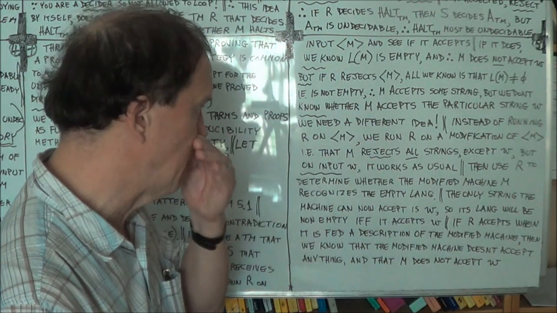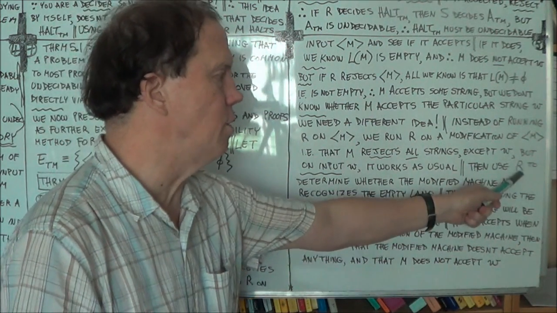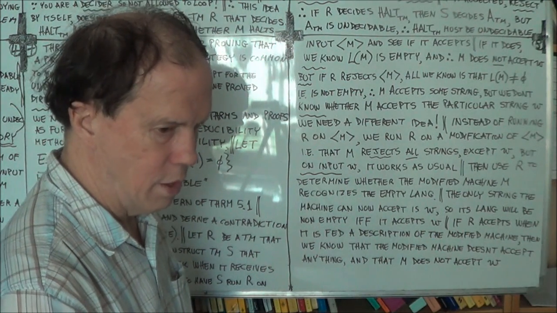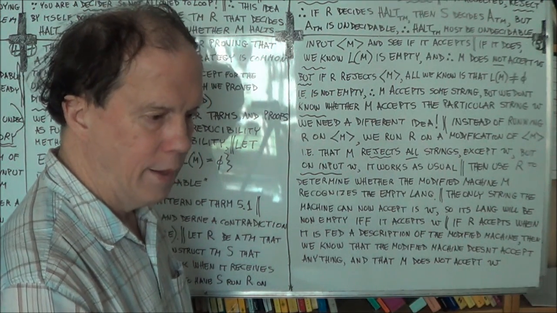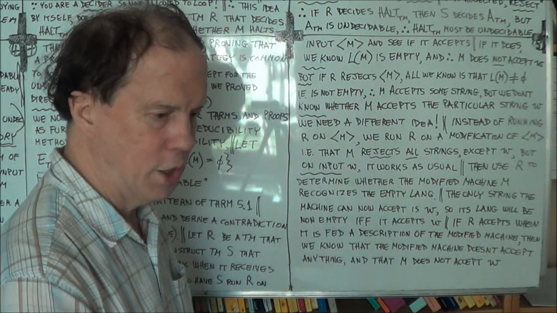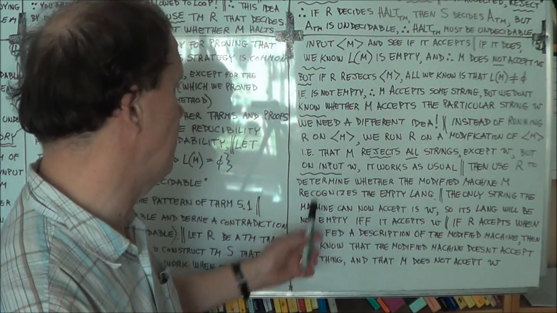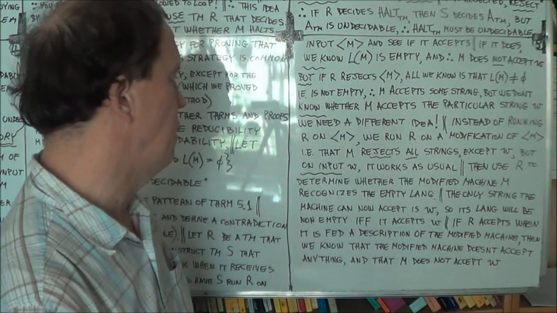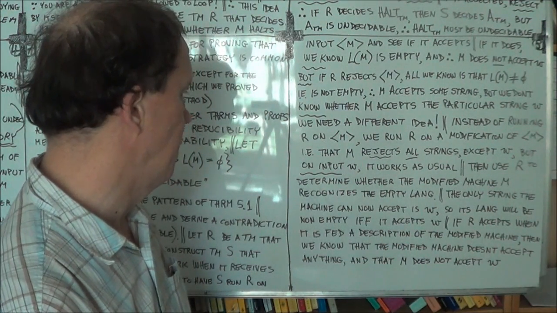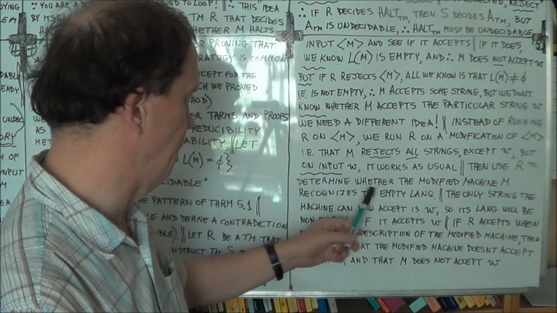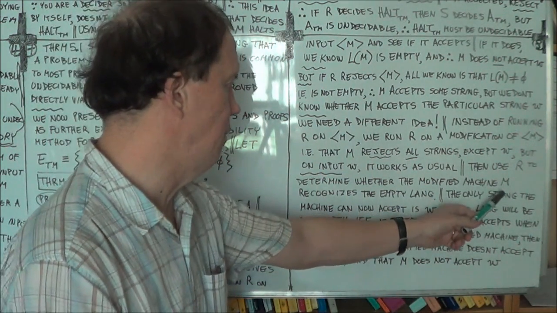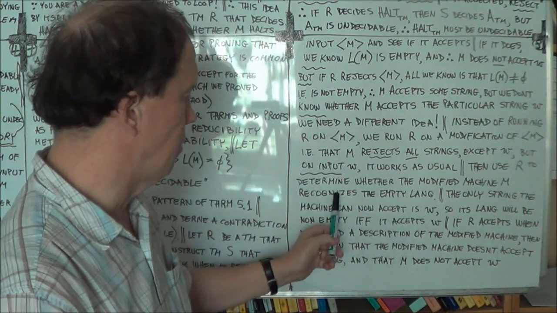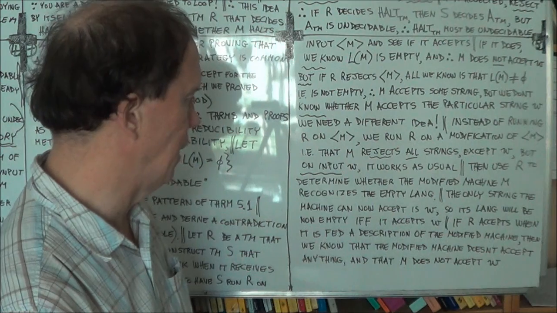Now we can go back and use R again, but this time with M modified, so we have more information. We'll use R to see whether the modified machine, M dashed, recognizes the empty language.